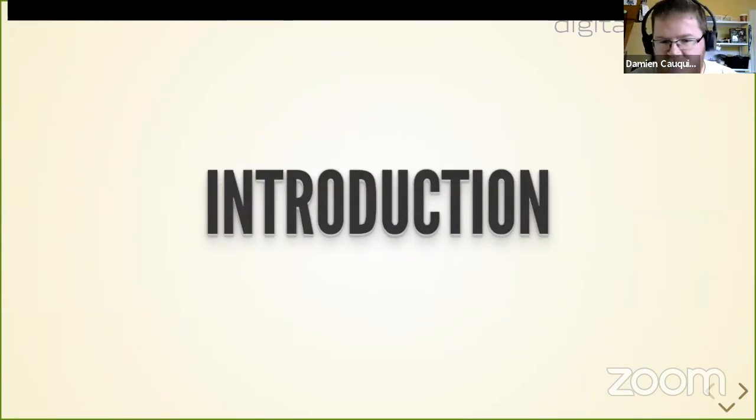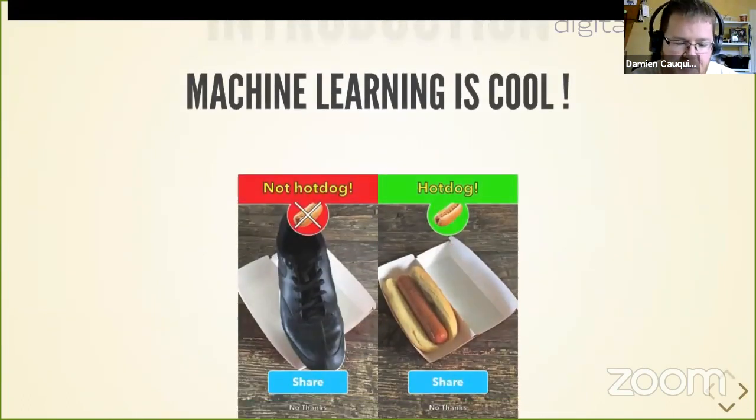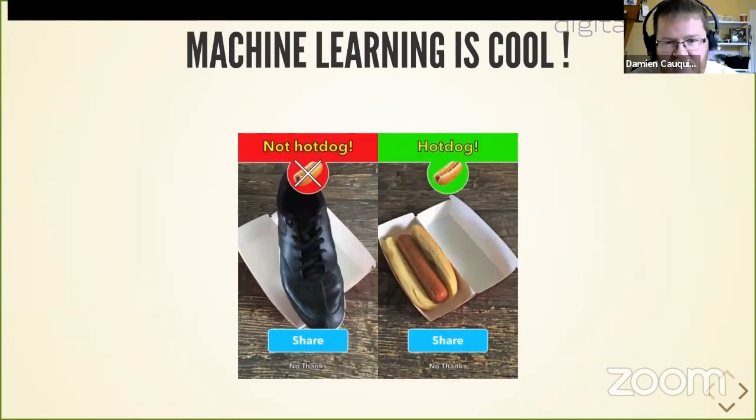Let's start with a small introduction. During the lockdown, I looked at machine learning, and machine learning is cool. It's something amazing. It amazes me every time I see this kind of stuff. You know, people doing things such as an application able to spot hot dogs with a smartphone.